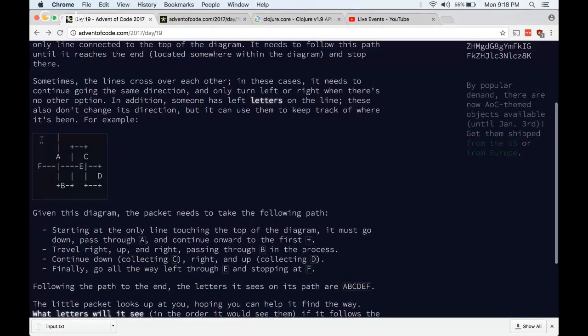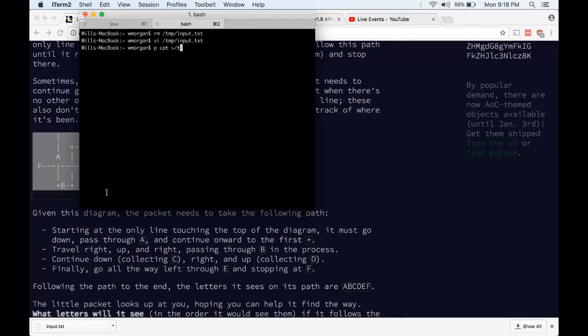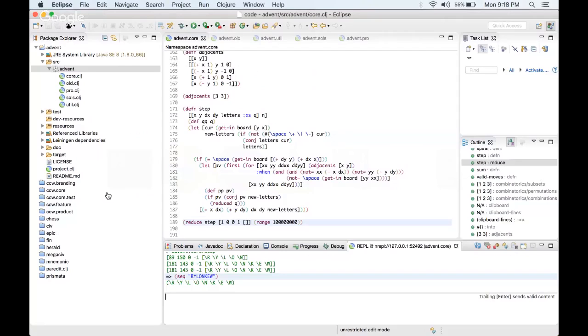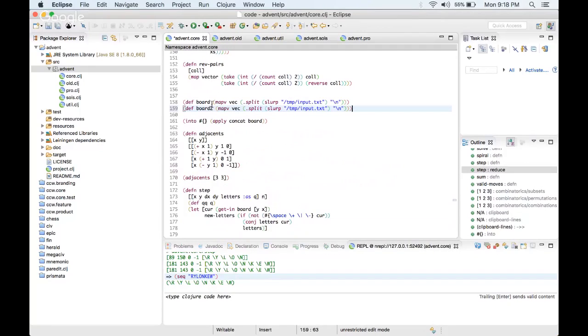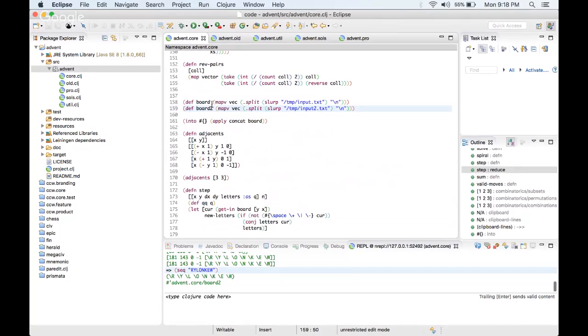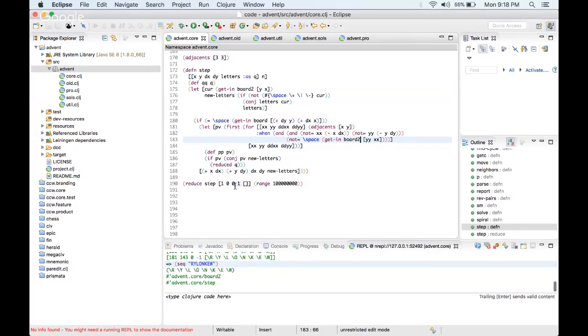Well, we can try it with this input here. All right. Something like board 2 based on input 2. Change this. Change this.